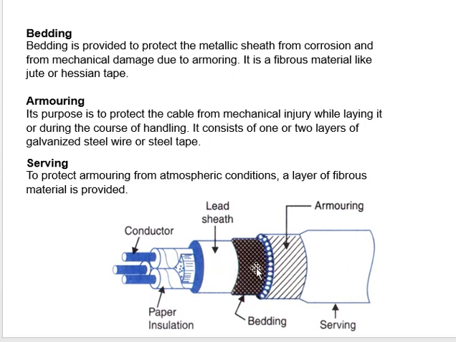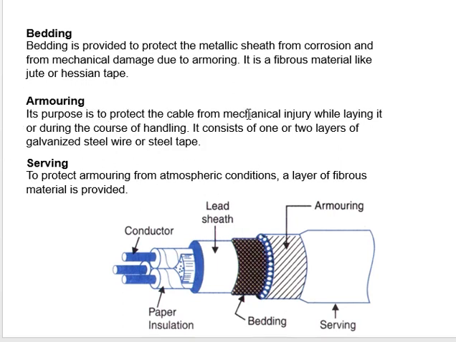These two metal parts can come in contact with each other, therefore we provide beading. The main reason for beading is to protect the material from corrosion and from mechanical damage to the armoring, so that the armoring does not get damaged.